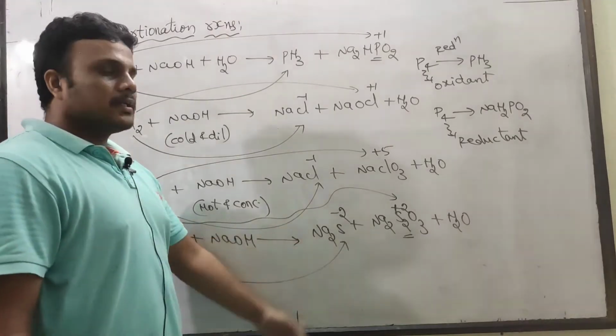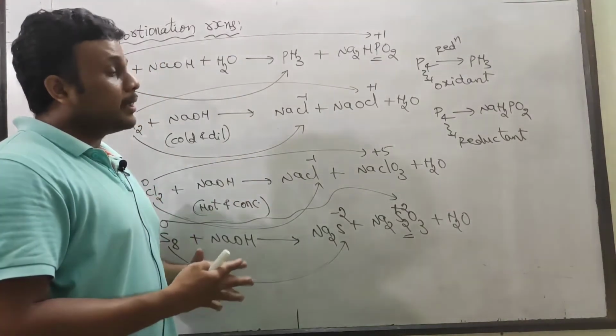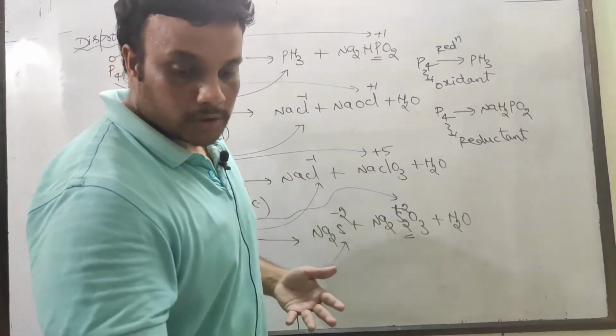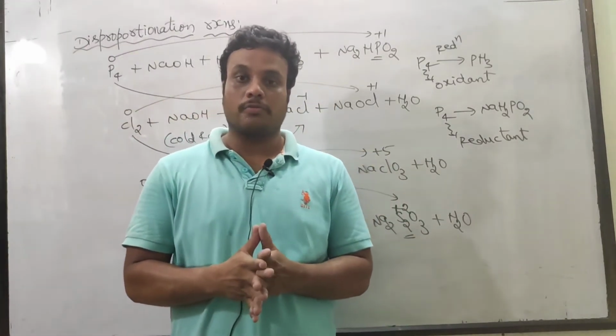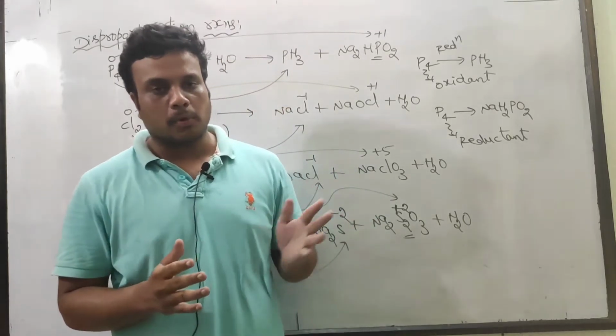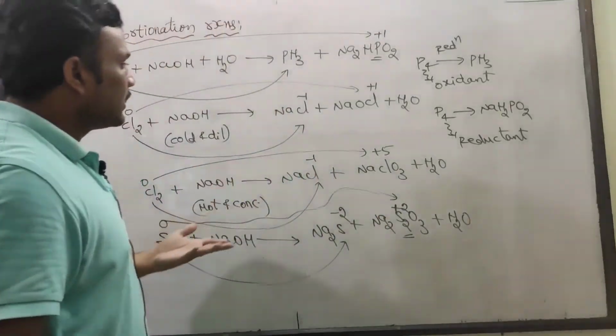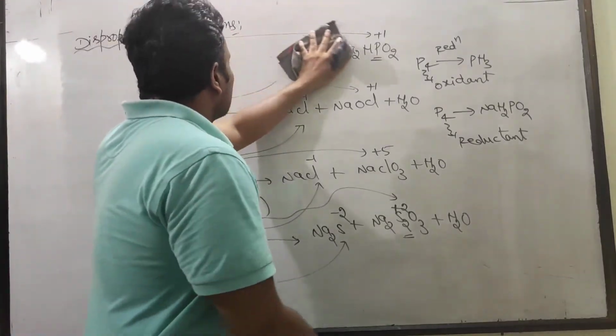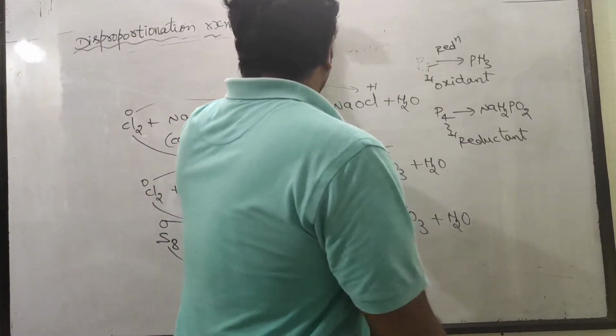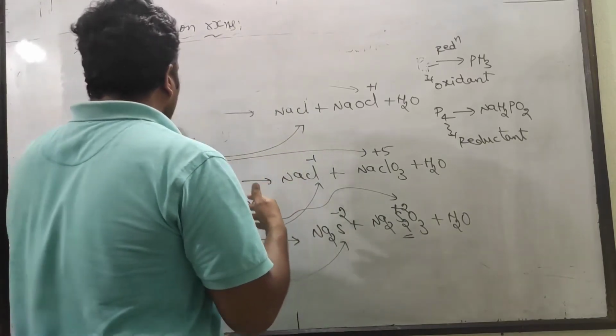These are important topics for solving questions based on balancing of redox reactions and calculation of equivalent mass. And disproportionation is also very important. Sometimes you may be asked which of the following undergoes a disproportionation reaction. Many students have doubts on this.